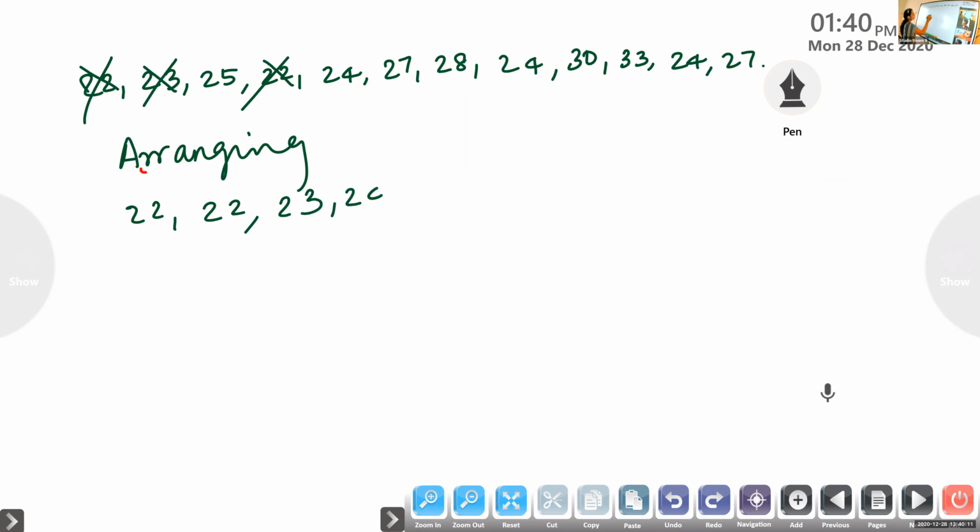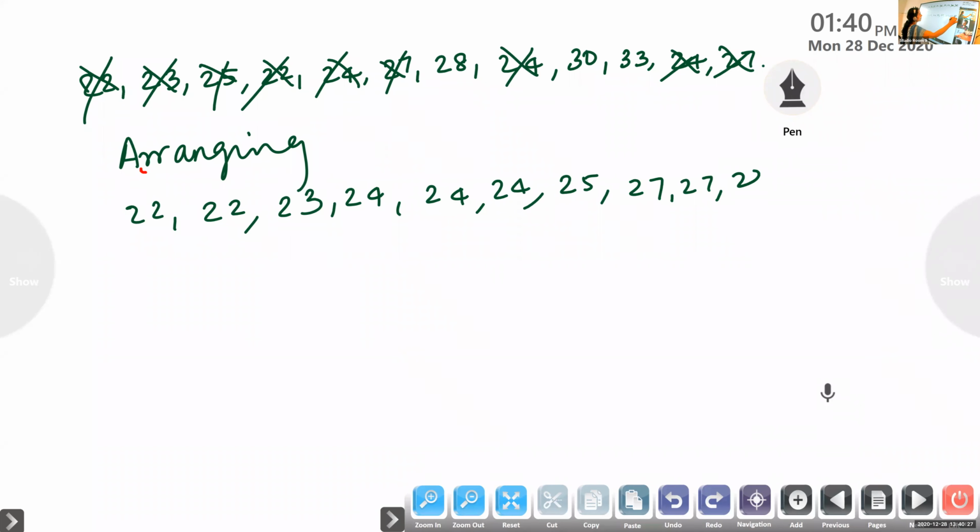Then 24 comes 3 times: 1, 2, 3. Then 25 comes 1 time. 27 comes 2 times. Then 28, 30, 33. Now check whether n is 12. Yes, n is 12.